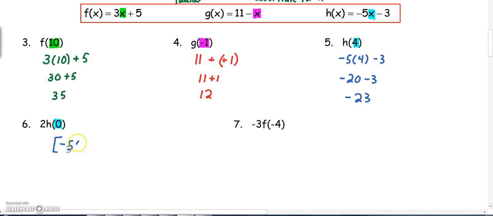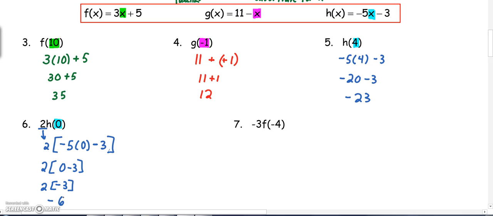So negative 5 times 0 minus 3. This 2, that's my coefficient, is going to go out front. So I'm going to evaluate the function, and then I'm going to multiply my answer by 2. So I have 2 times bracket 0 minus 3, 2 times negative 3. Now I can multiply, and I get negative 6.